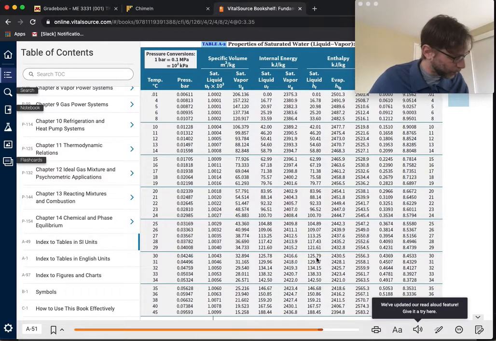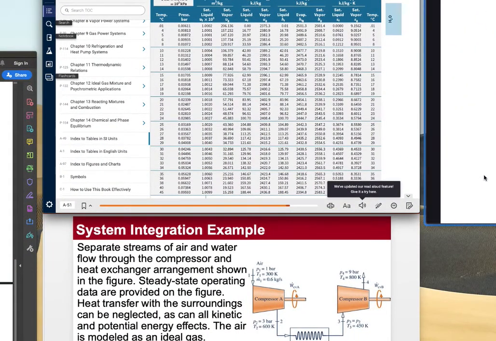Hopefully you guys are not completely confused. So h5 is at 20 degrees C, so that's 83.96. Okay, all right, good.